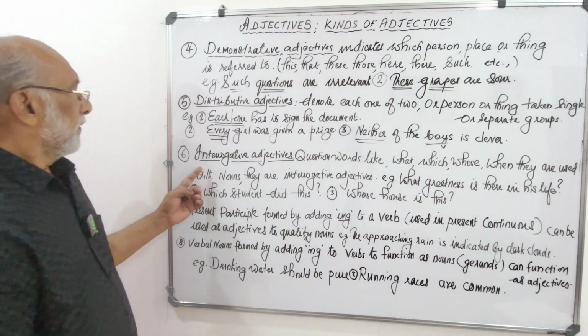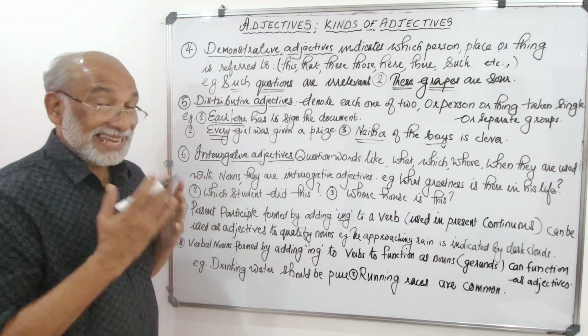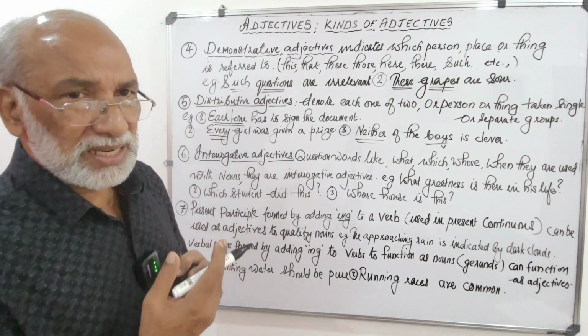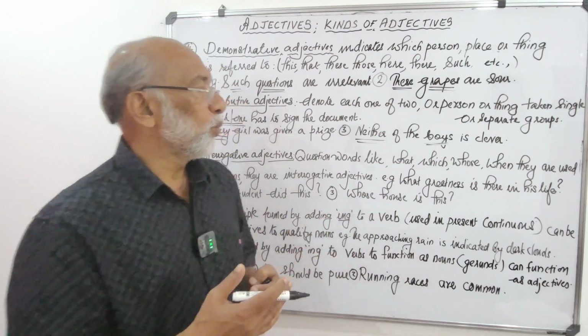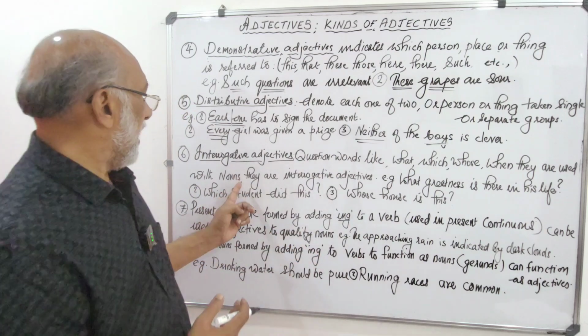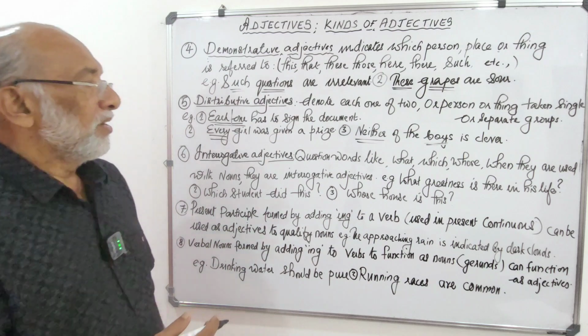Okay. Then interrogative adjectives. From the title itself, you know what interrogative words are. Interrogative words are words like what, which, whose, when. Okay, when they are used with nouns, they are interrogative adjectives.